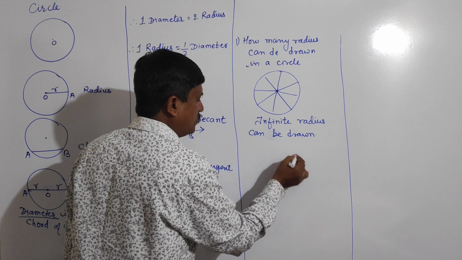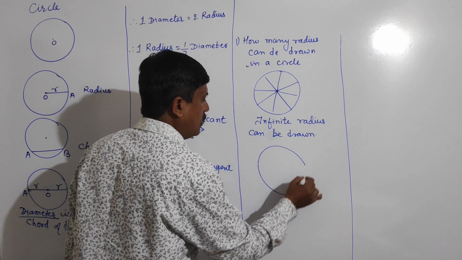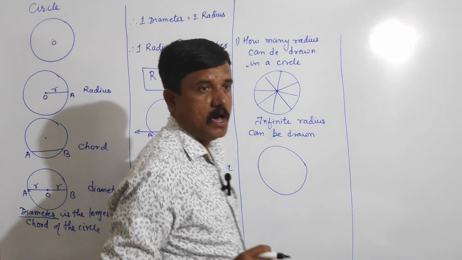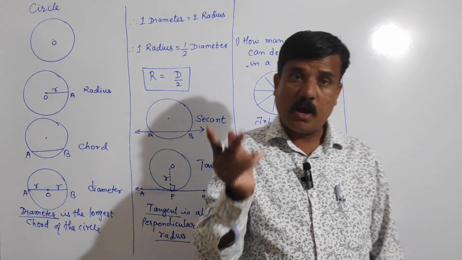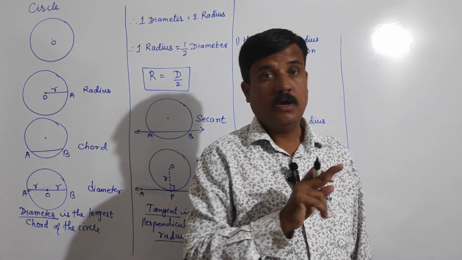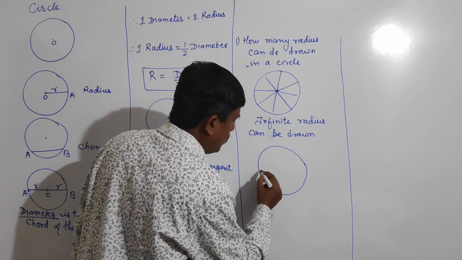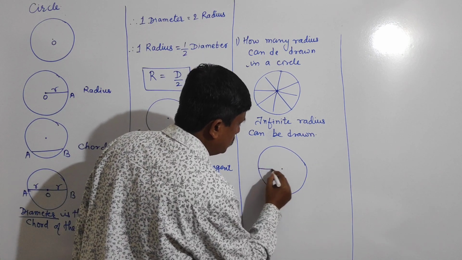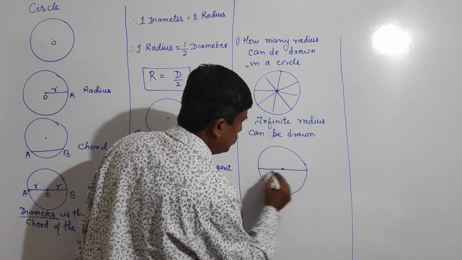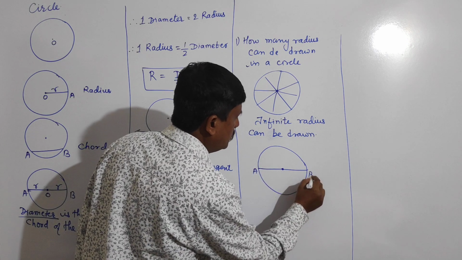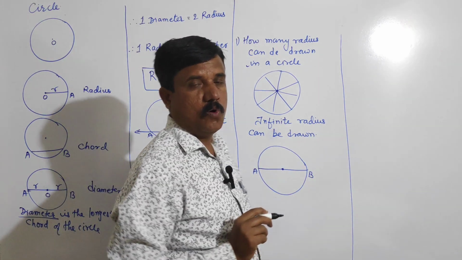So this is your circle. A circle means what? A curved line, not a straight line. This is your curved line. And what is this? This is your diameter. Okay.